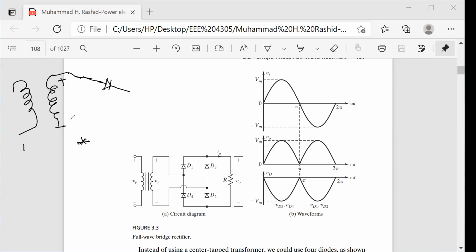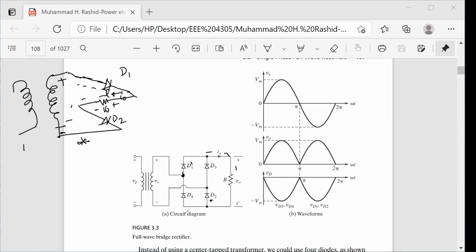Now if it is positive, this diode must be conducting, and then this is your resistance, that means your load, and then your I0. D1 and D2 will be working for the positive half cycle. Look here, the positive supply is connected here, and that has gone to the load, and the negative part of the load is connected to the anode of the diode, and it has come back to the transformer.